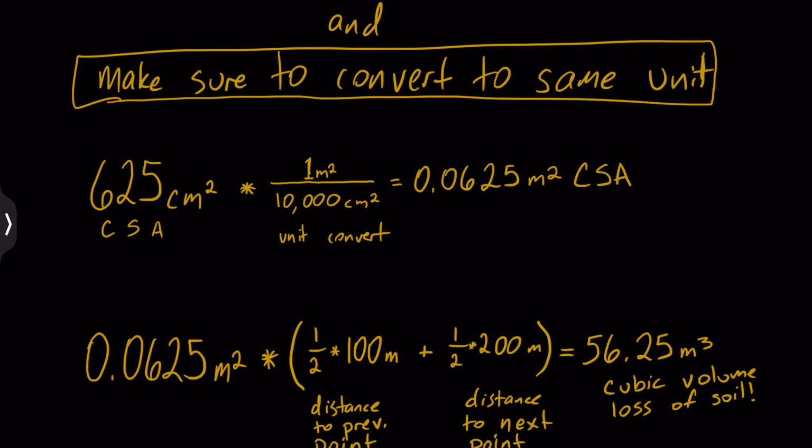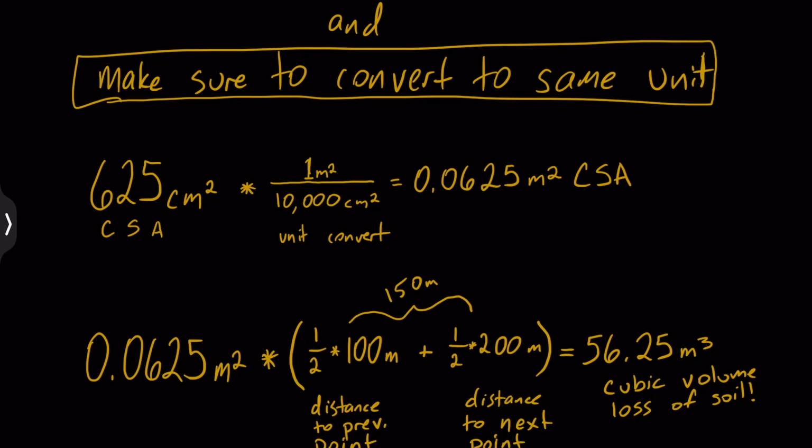So we're looking at a total of 150 meters multiplied against our 0.0625 meters squared. That gives us 56.25 cubic meters of soil lost in this area.